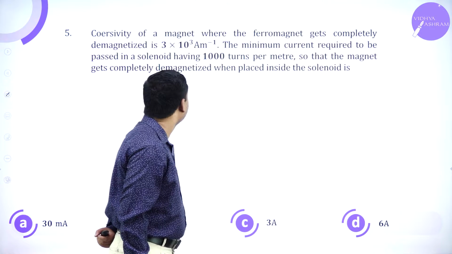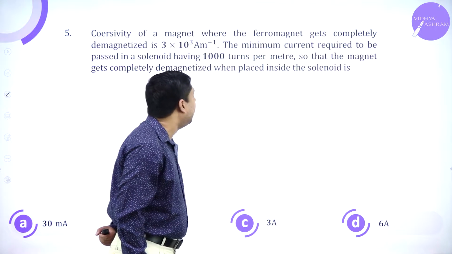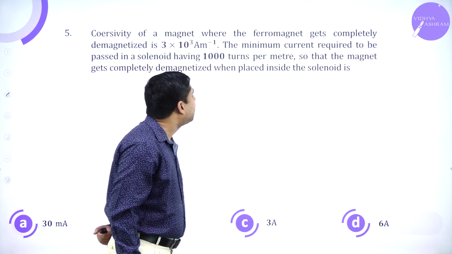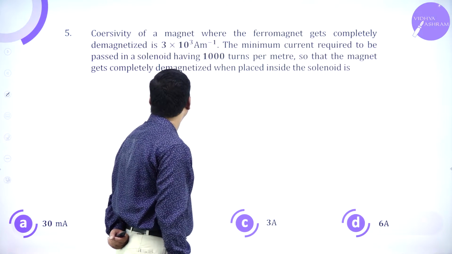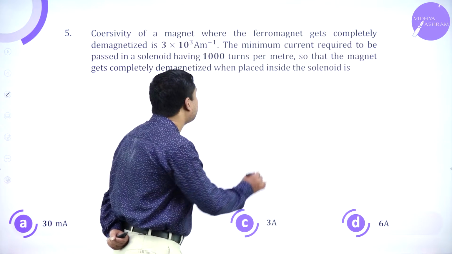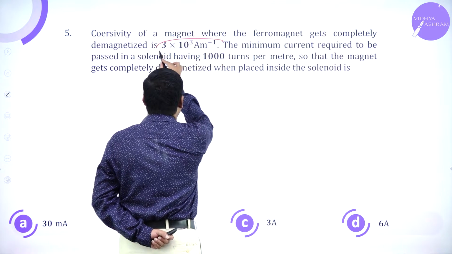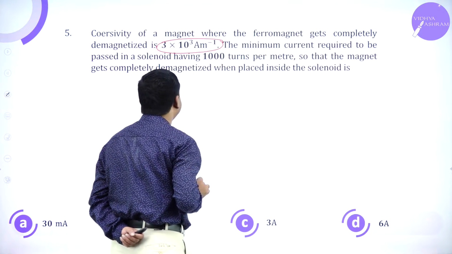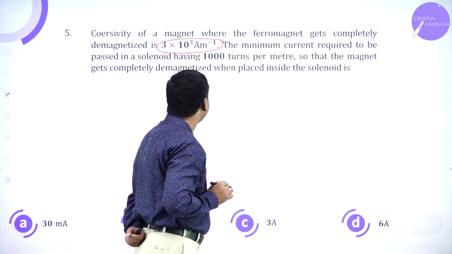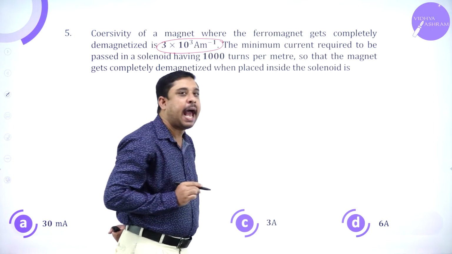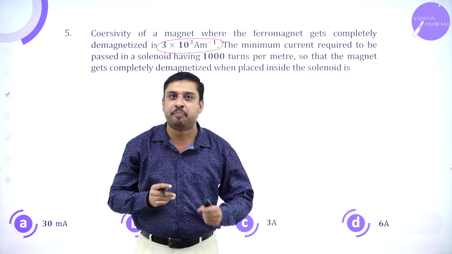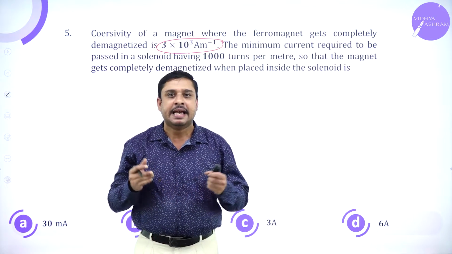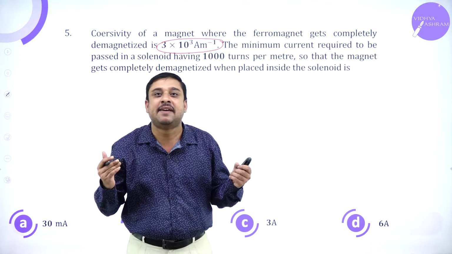Coercivity of a magnet where the ferromagnet gets completely magnetized is 3 into 10 power 3 ampere per meter. What is coercivity?